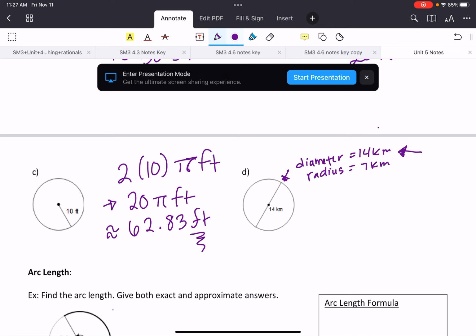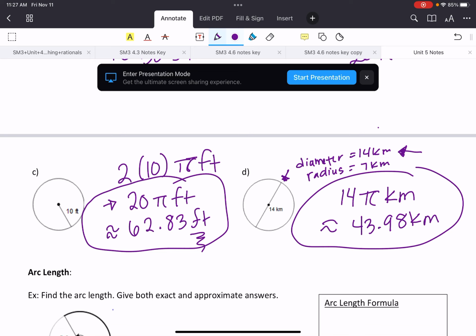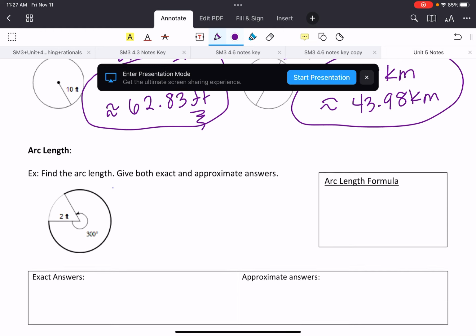We just need the 14. 14 pi kilometers is our exact, which is about, can you say that louder? 43.98 kilometers. 43.98 kilometers. Okay, good. Good circumference practice.